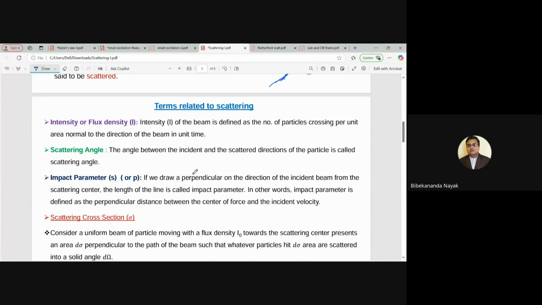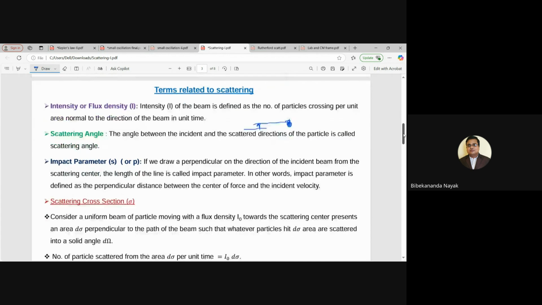Impact parameter: if we draw a perpendicular on the direction of the incident beam from the scattering center, suppose this is your scattering center, and the planet is moving like this, then this perpendicular distance from the center of scattering is known as the impact parameter. It is the perpendicular distance between the direction of the beam and the center of the target.